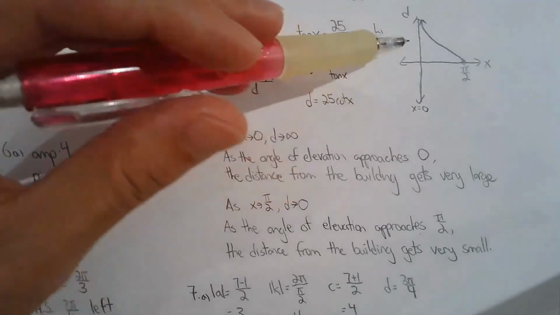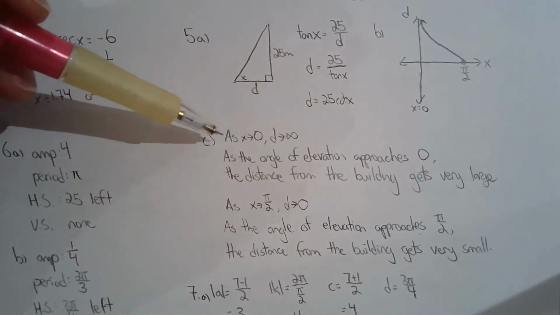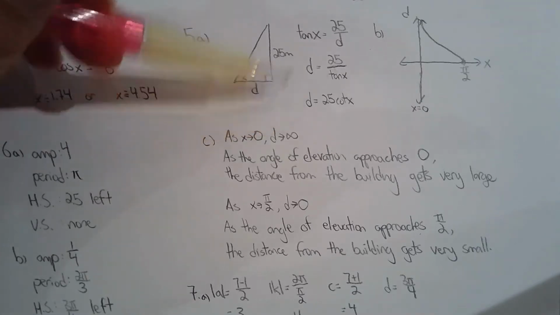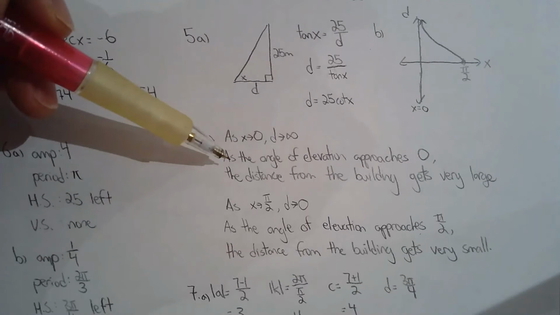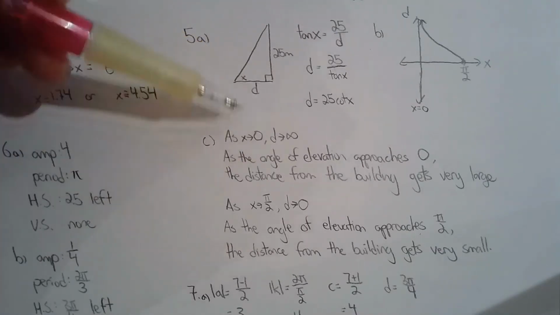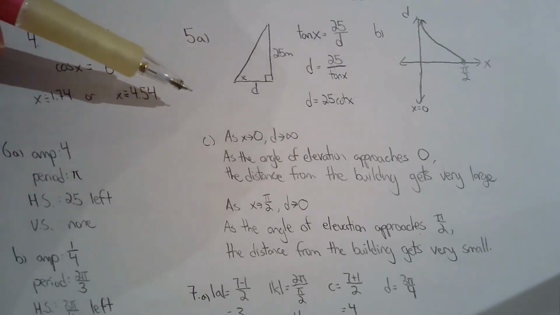Draw a very simple graph. As x approaches 0, d is approaching infinity based on the graph. And what does that mean? That means as the angle of elevation approaches 0, the person must be standing very, very far from the building.